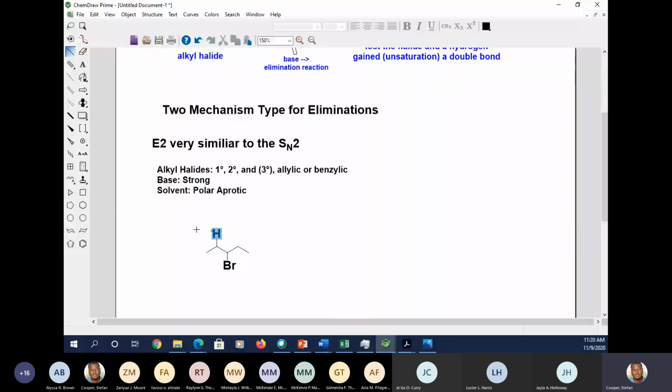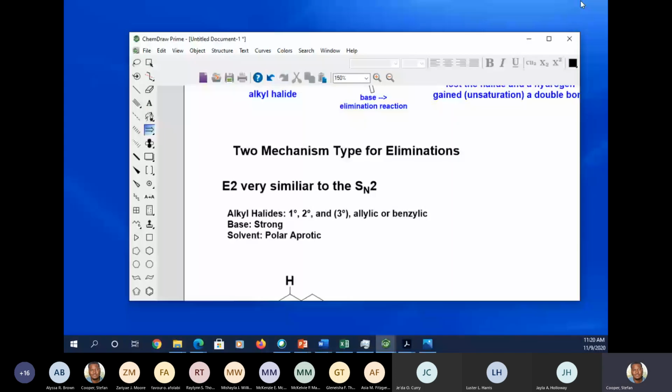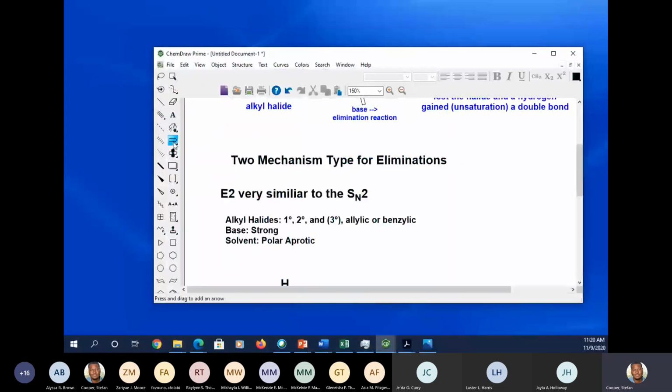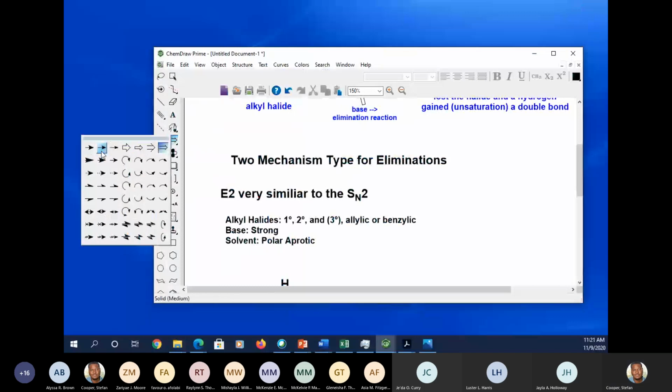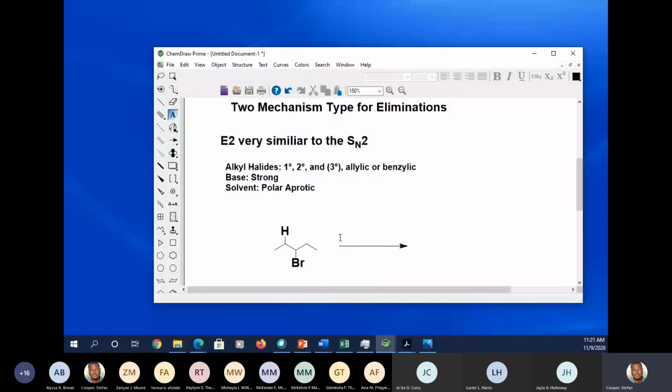The first step, or the steps that happen here, is that I need a base. In this case, I'm going to use lithium hydroxide. Keep in mind that lithium hydroxide is ionic, so the lithium is going to have a plus, and the hydroxide anion is going to have a minus charge.